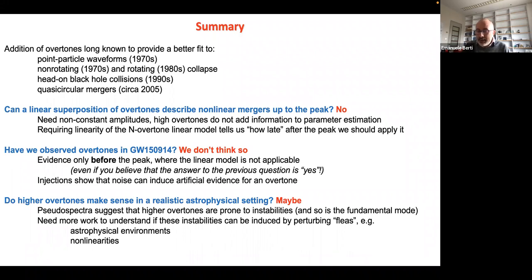Another thing that could happen is that there are tails. We know that there are tails in black hole perturbation theory. So maybe I shouldn't be fitting at late times because of tails, but the tails could also be messing up the ringdown fit at early times. In fact, we are playing with some toy models and we see that this is the case.